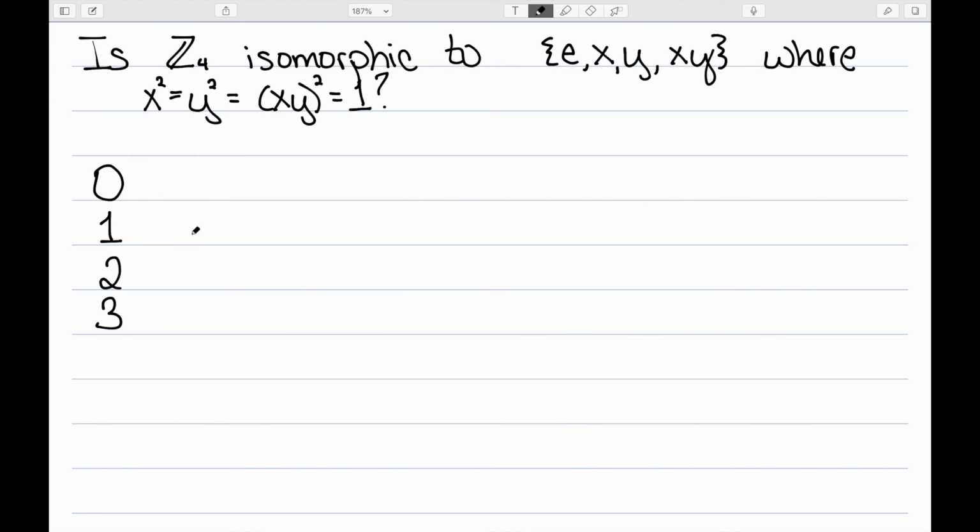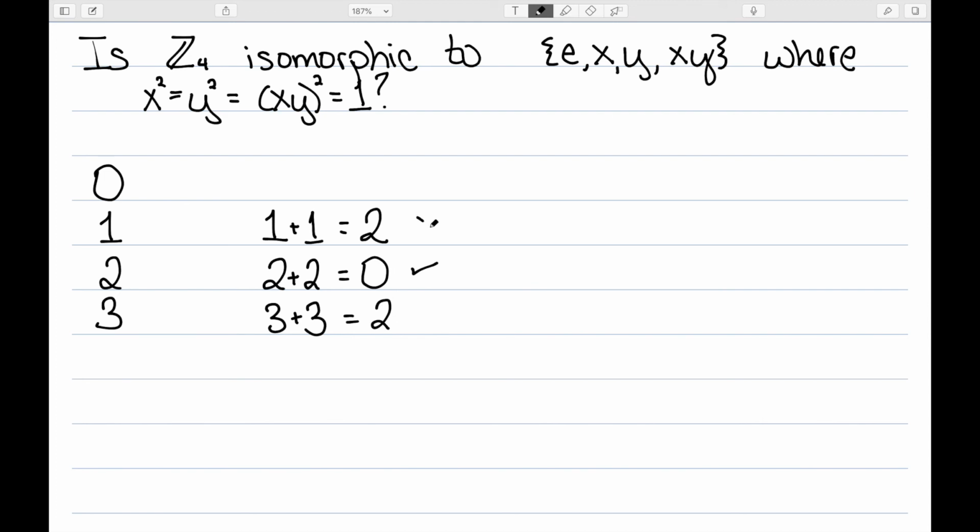Since Z4 is under addition, instead of squaring, I would need to double. So I would need to be looking at 1 plus 1. I get 2. 2 plus 2 is 0. And 3 plus 3 is 2. So not all of these squared get me back to my identity, just this one.